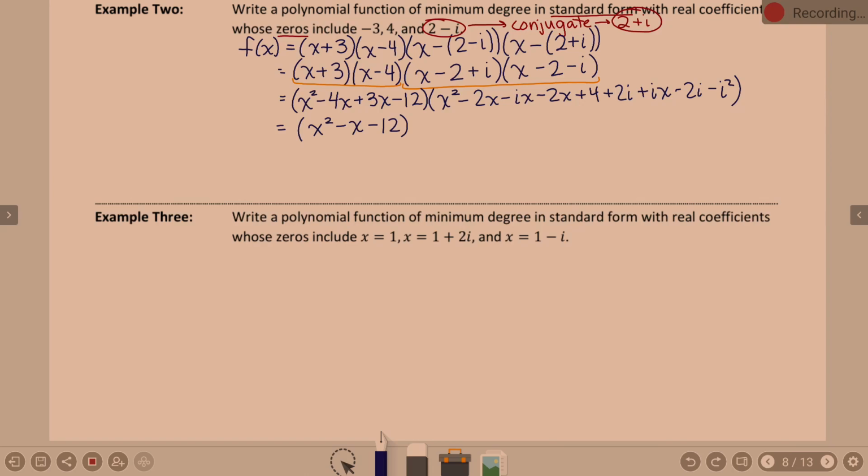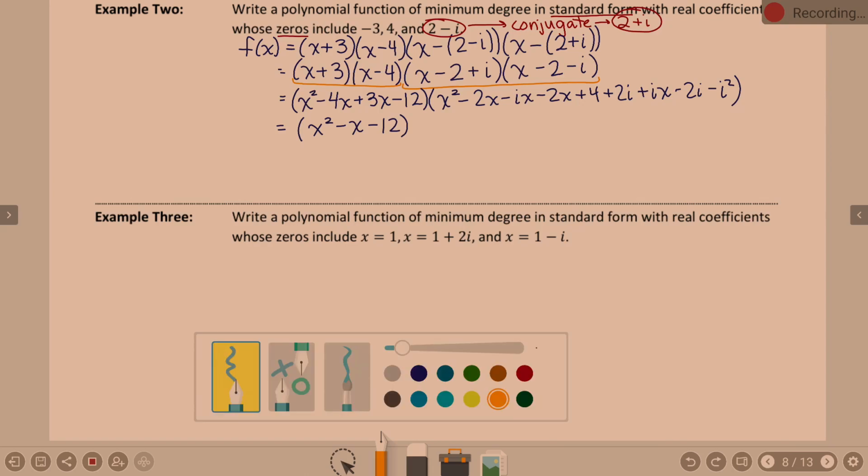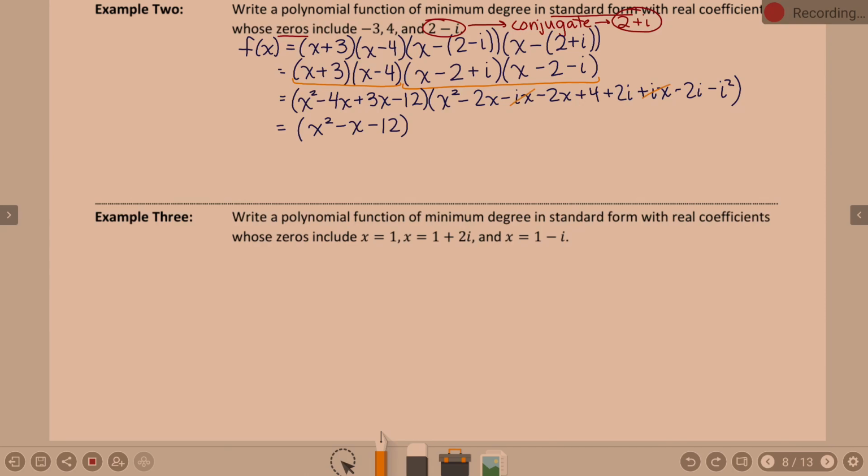If we do this correctly, all of our i's will be gone after multiplying a set of conjugates. Are you seeing it? Minus ix cancels with plus ix. Plus 2i cancels with minus 2i. So your i terms and your ix terms always just cancel each other out if done correctly. And then, what do you note about minus i squared?